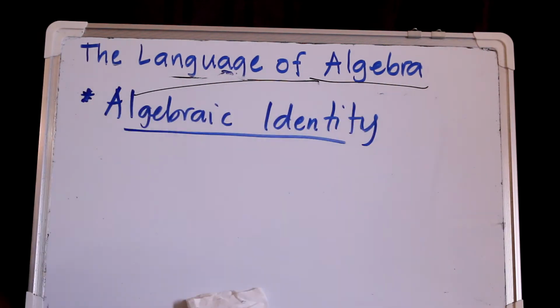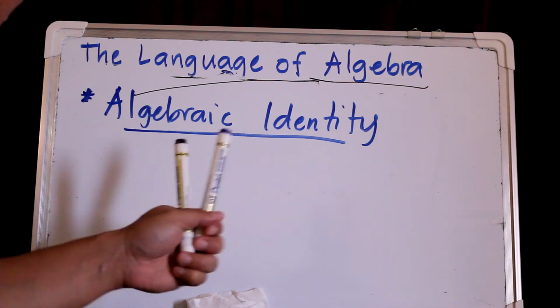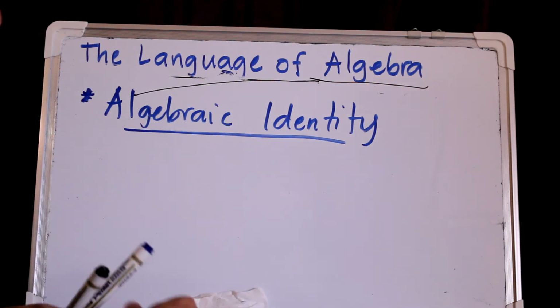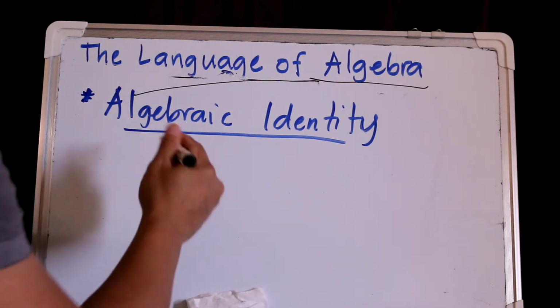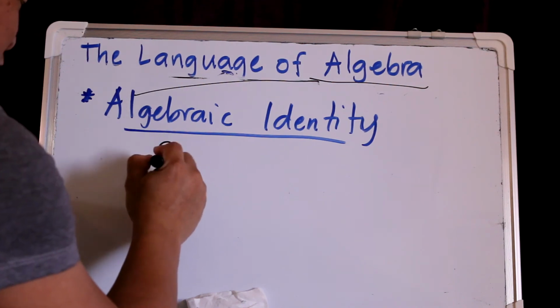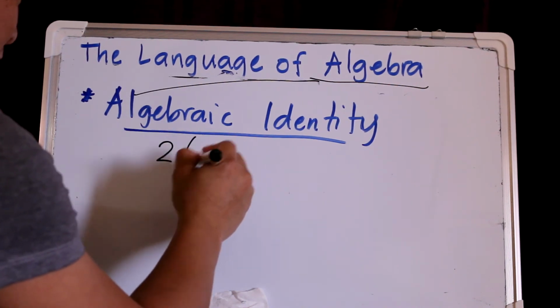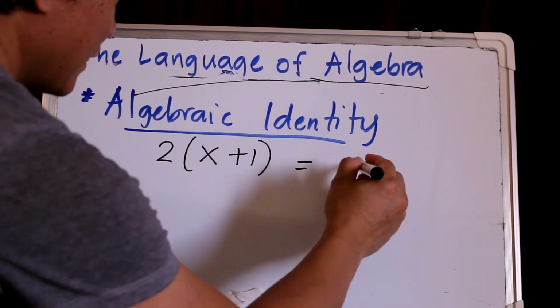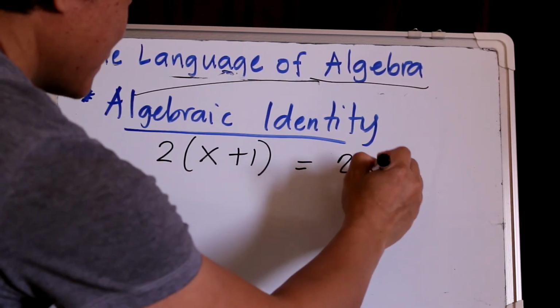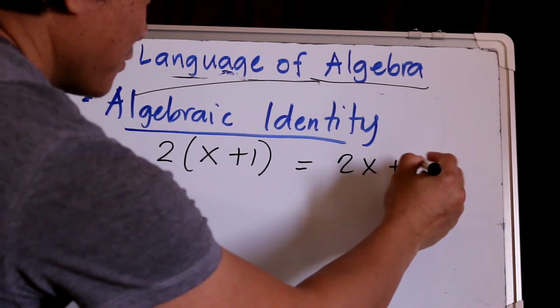An algebra can be an algebraic identity. That means if we have, for example, 2x plus 1, this could be equal to 2x plus 2.